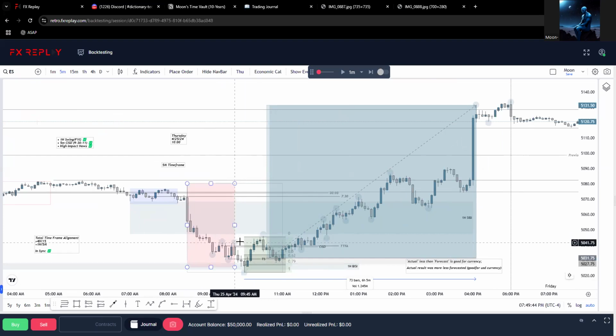And what do we see here? A market structure shift, right? Because what do we do here? We go from this, this, right, to a higher high. Now, what does this become? It becomes a weak high. This becomes a weak high as well. Why? Because it could create a lower low. So what do we see now?